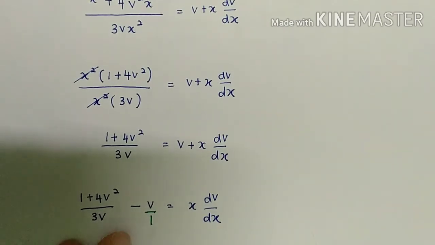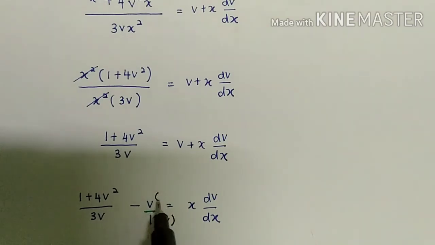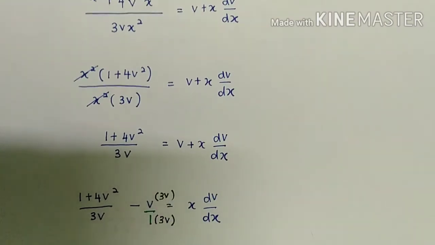So if we want to simplify these two terms, we must make the denominator the same. So we have 3v and 1 for the denominator, so we multiply 1 with 3v for the denominator, and for the numerator also we multiply with 3v.